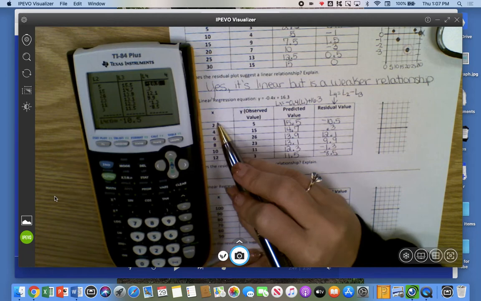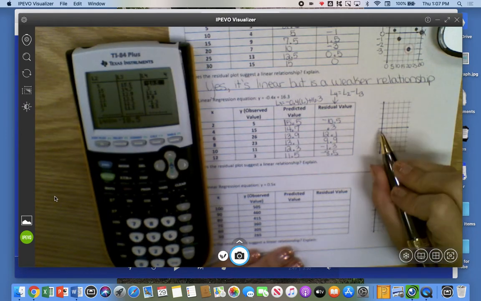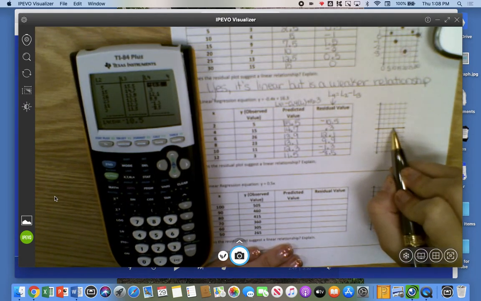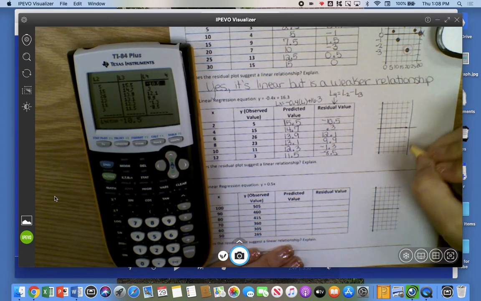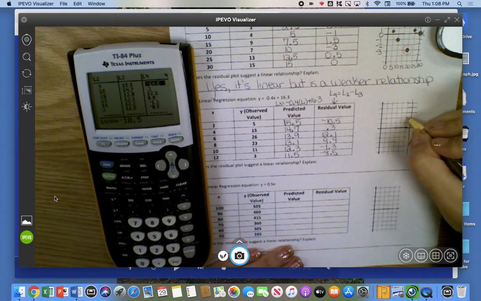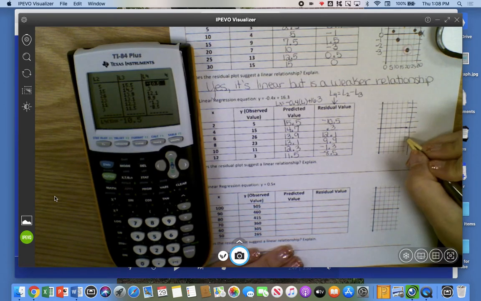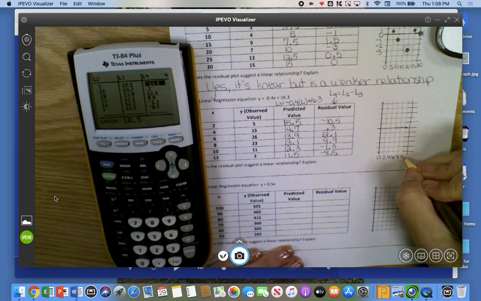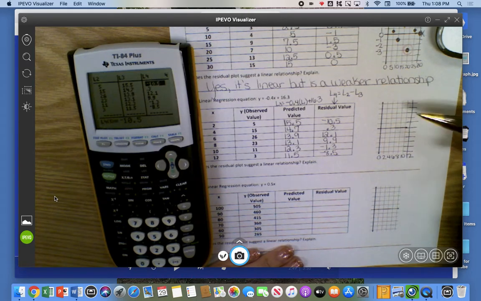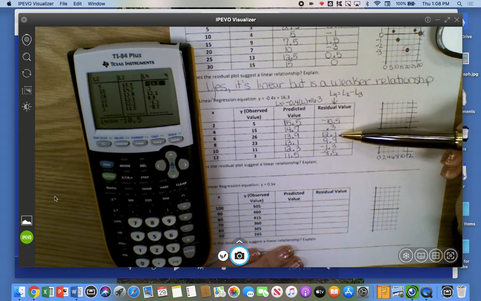All right, so our X values count by 2. Do we have enough room to do all of those? 2, 4, 6, 8, 10. I'll say this was not the greatest chart. So our X's are 2, 4, 6, 8, 10, and 12. And then our Y values go all the way up to 12.